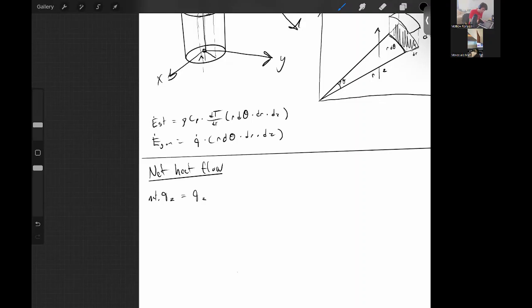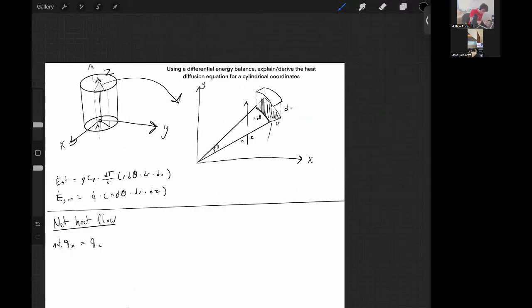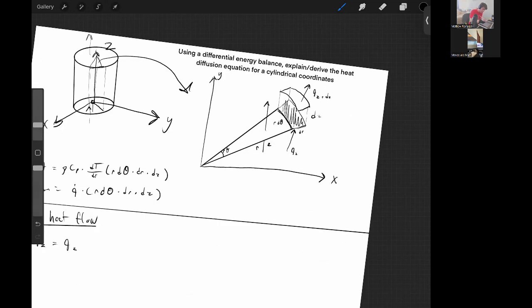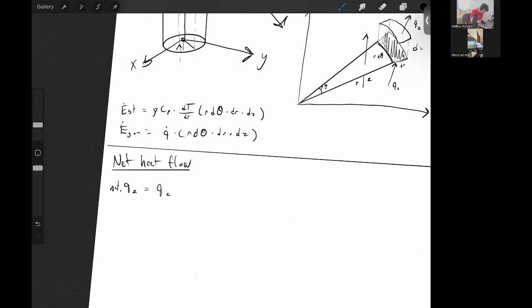We're going to have our heat flow coming in from the z direction, kind of like this, and we're going to have it leaving our system. And if we're going to call this Q of z, we can say that this is Q of z plus the change of z that we've experienced. So this is d of z. And that is leaving our system. So we're going to subtract by this value.